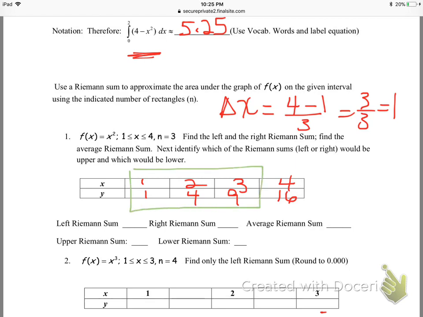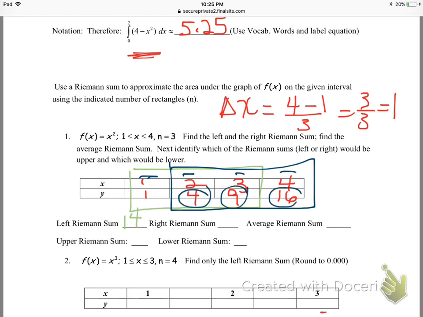This is what I'm going to use. So I'm going to say 1 times 1 plus 4 plus 9, so that's 1 times 14. That gives me a left Riemann sum of 14. Switching colors. To do right Riemann sum, I'm going to use these boxes, and my base is still 1 because that's the distance between all of my x's, and I'm going to use 4, 9, and 16.